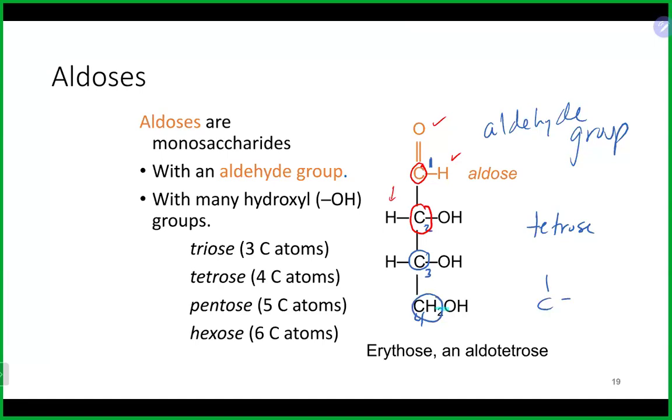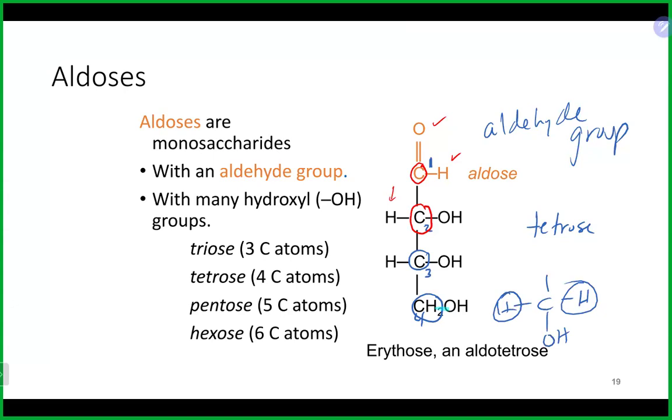So in addition to everything else, it has two of the same group and doesn't have four different groups attached. Typically, when you see that CH2OH, like I said before, that's probably going to be achiral.